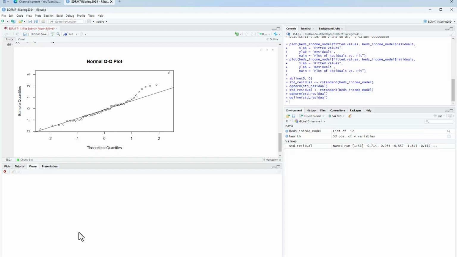And if we have a large enough sample size, then in fact we will have normal distributions for those coefficients. If we had a nice QQ plot here where everything fit along the line, we wouldn't even need a large sample size, because it would say our residuals are normal. Very much like what you learned about the mean.